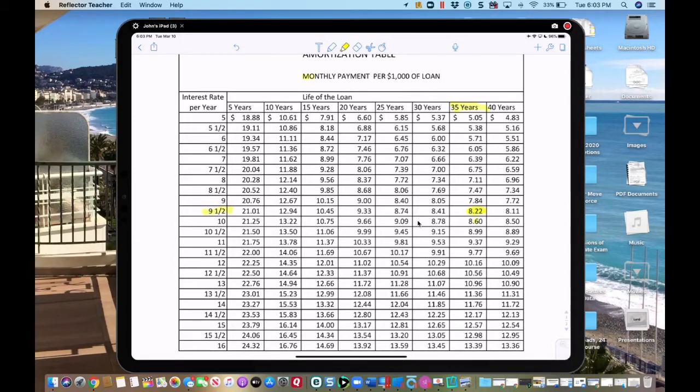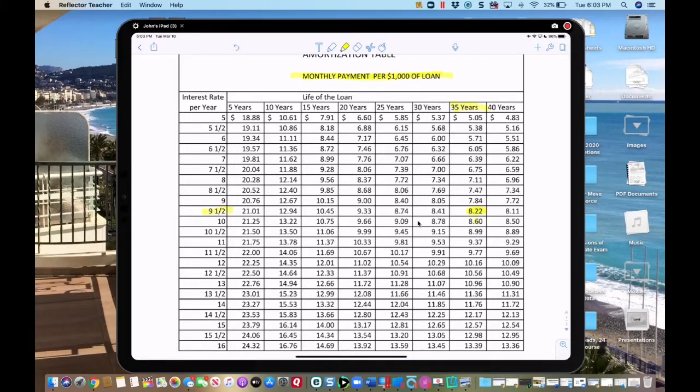And you just have to remember per 1,000. Now they're probably going to throw something at you with the sales price and a loan to value ratio. Like they may say they bought a home for $300,000 and they got an 80% loan to value.